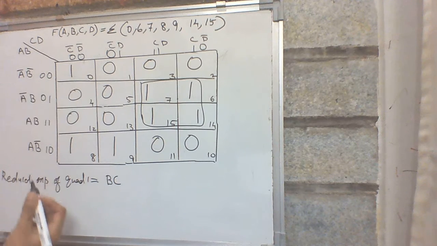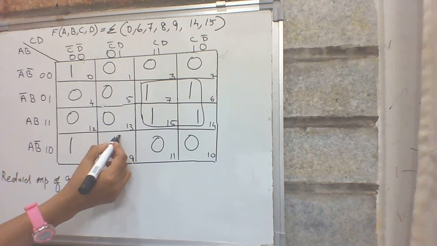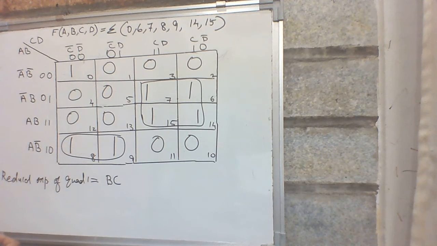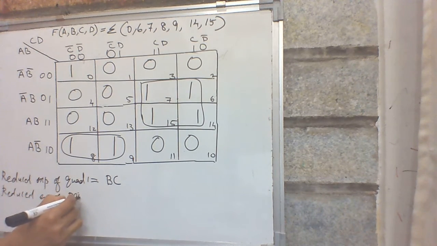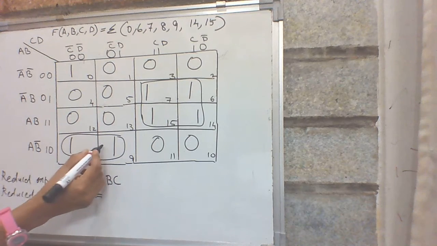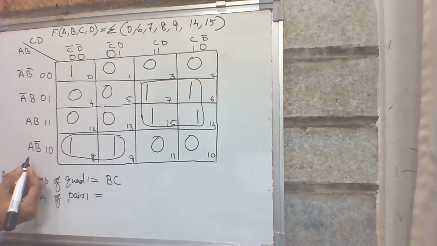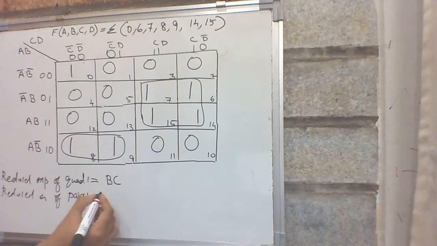Next, check whether there is any pair. See, this one is a pair. 8, 9 forms a pair. Then the reduced expression of pair 1, how can you find out? First, check the left side, that is A B bar.